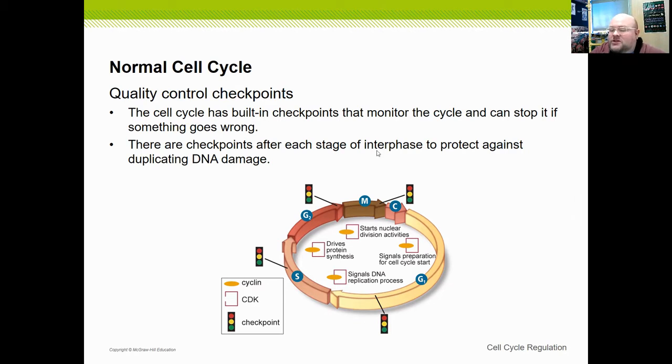There are checkpoints after each stage of interphase to protect against duplicating DNA that has been damaged. So again, these checkpoints are very important. They make sure that everything is functioning and happening exactly the way it's supposed to be in the cell cycle.